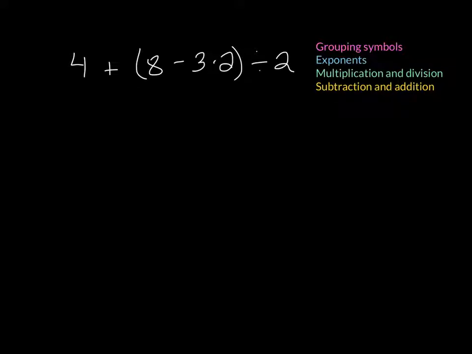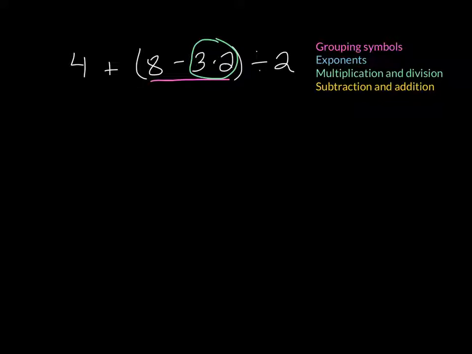Okay, for this next example, we do have parentheses again, our grouping symbol right here. Now within the grouping symbol, we have subtraction and we have multiplication and division. Multiplication comes before subtraction if you look at the steps over there. So we would do that part first.